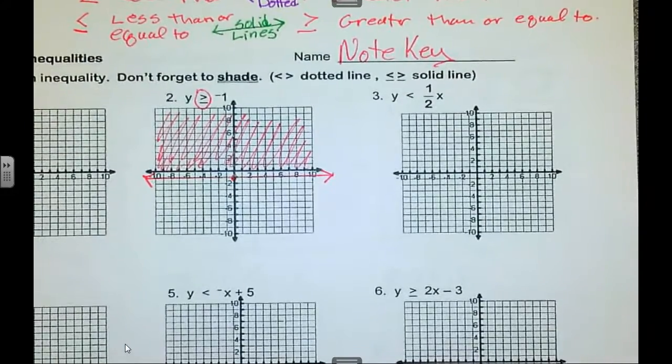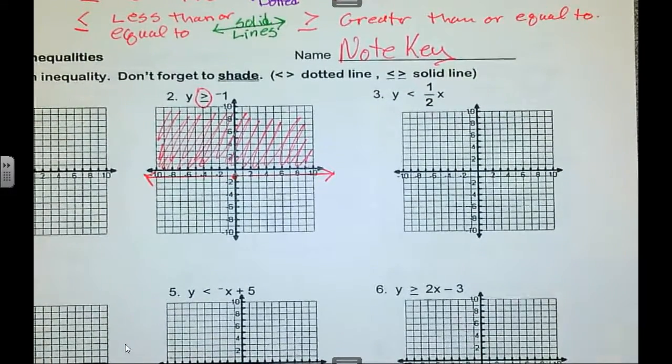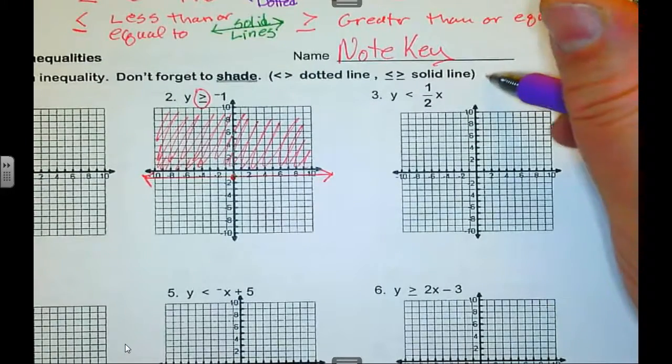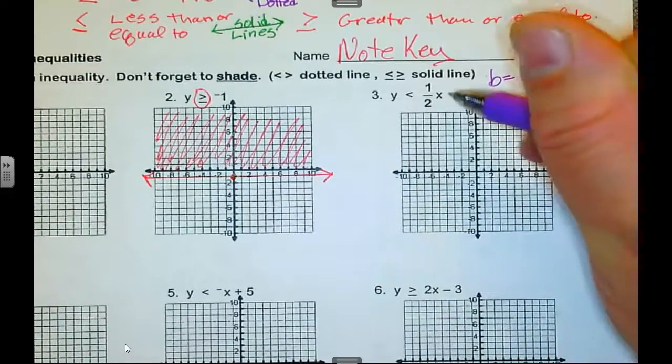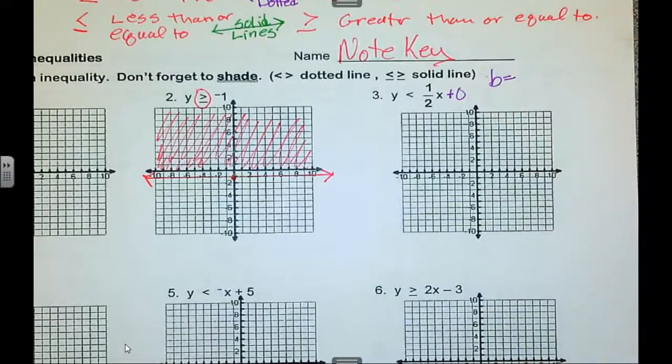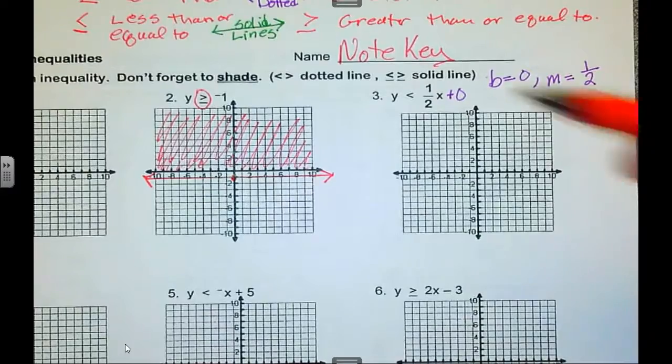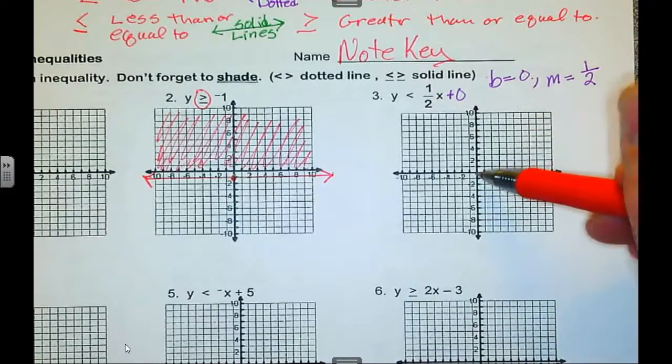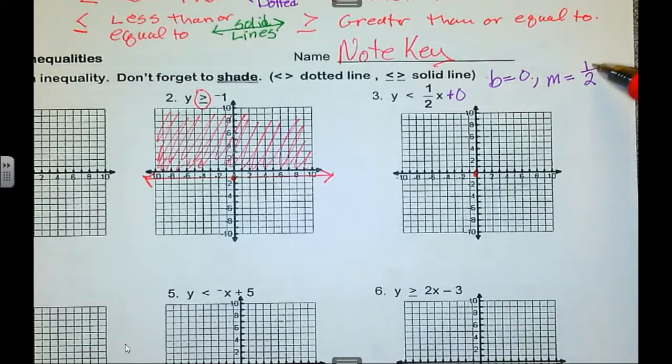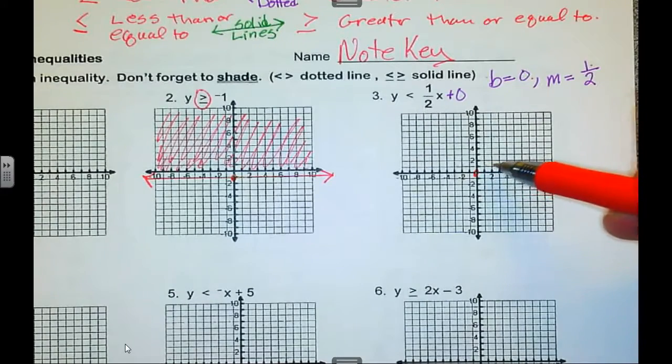Okay, let's do number 3. What's my y-intercept here? 0. What's my slope? 1/2. So I start where it crosses my y-axis at 0. I go up 1, to the right 2, up 1, to the right 2.